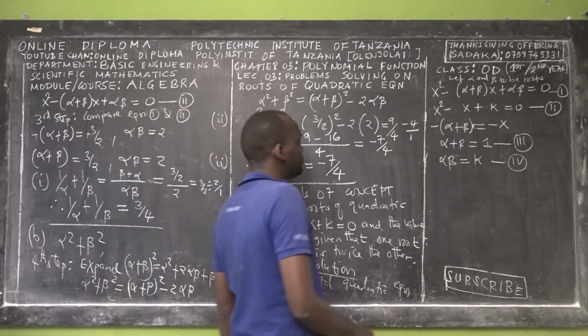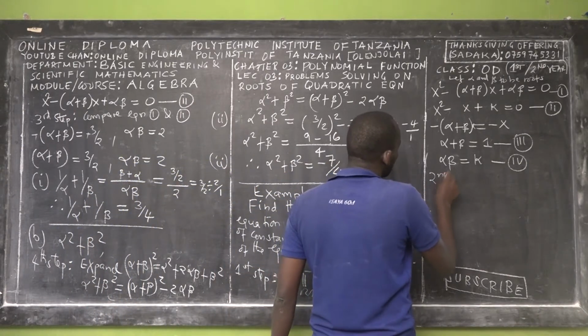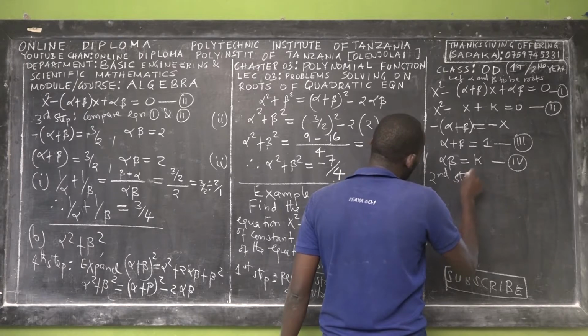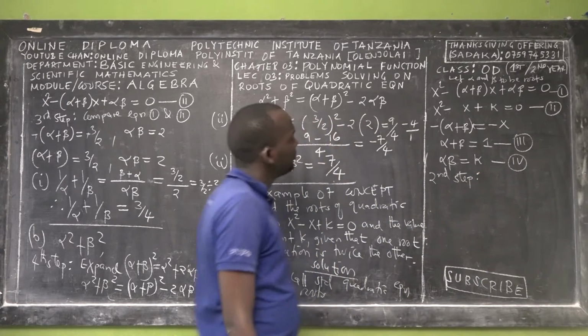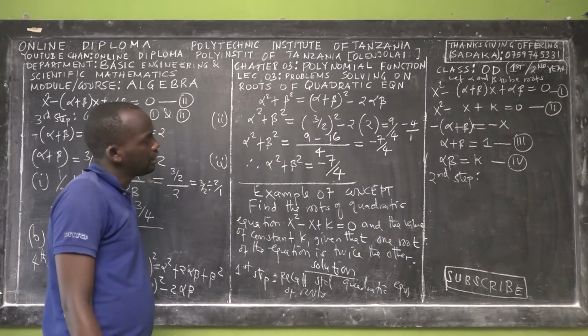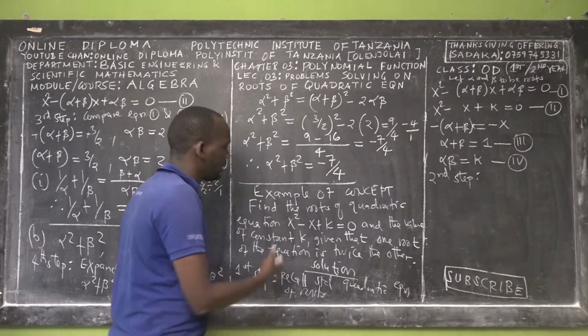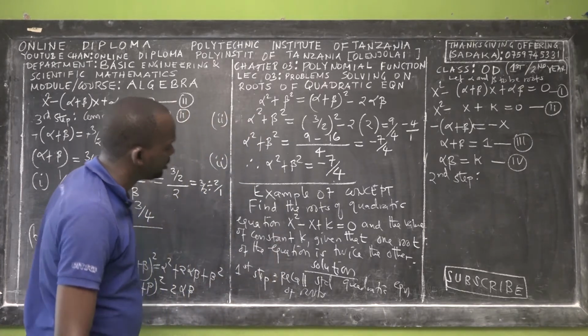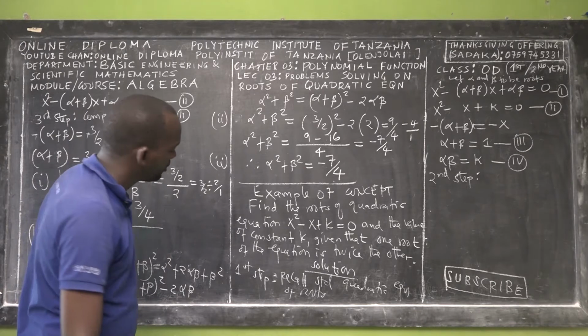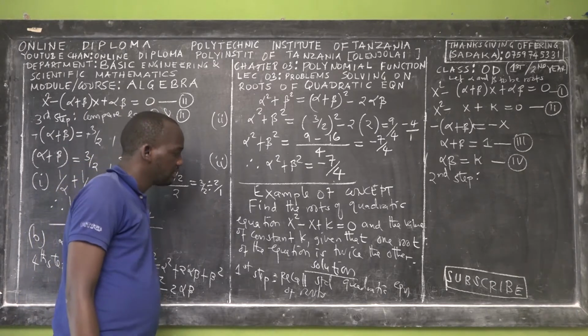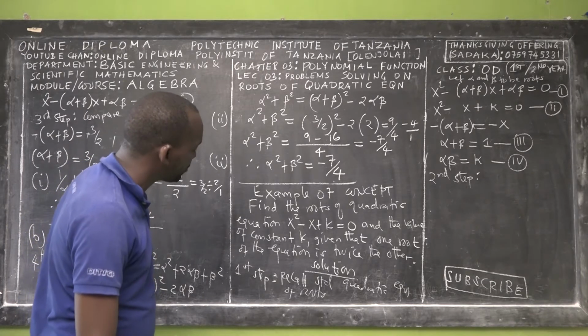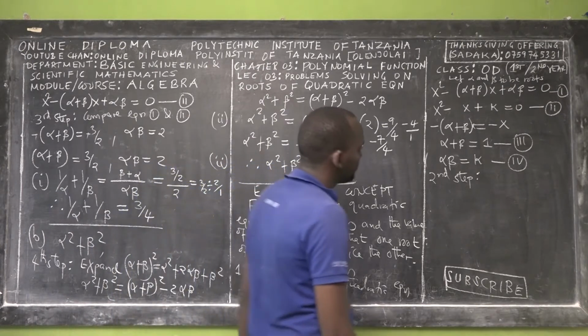The second step, we go to the next sentence of the problem: the value of constant k, given that one root of the equation is twice the other.